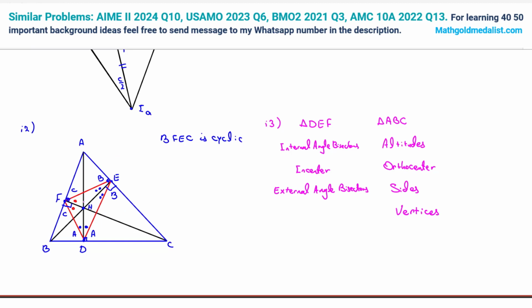As you can see, for example, this one is on an internal angle bisector and an external angle bisector. We said the sides are external angle bisectors, so they are concurrent at an excenter. So it will be the excenters. Okay, idea 3, and one idea is left.